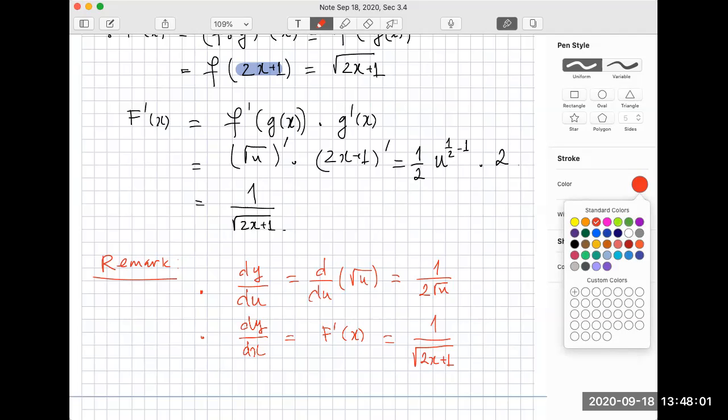They are totally different. dy over du and dy over dx are two things, okay? Don't be confused. Are we good? Then let us move on to another one.